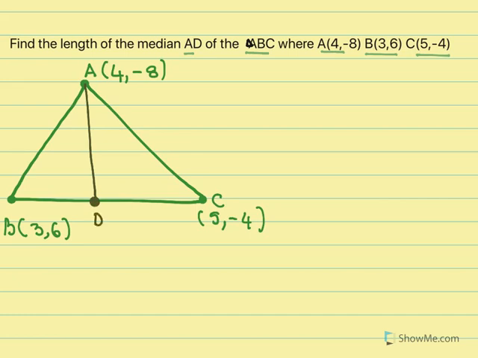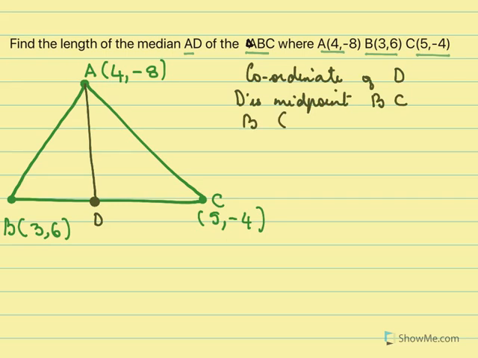So we need to find AD. So first we will find the coordinates of D. Now D is midpoint of BC. So we know B is (3, 6) and C is (5, -4).